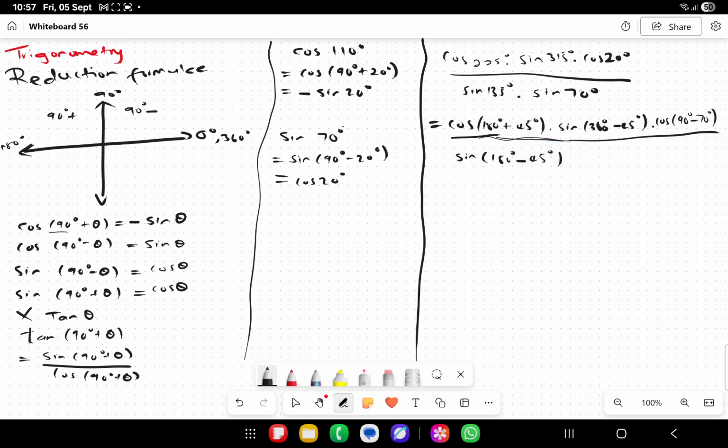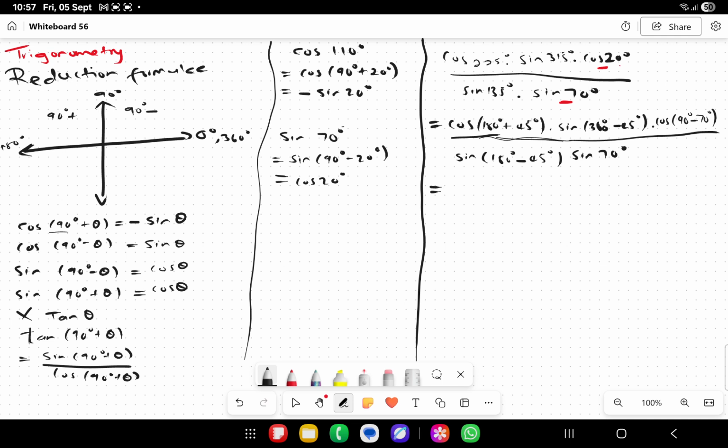Then sine 70. With these two that add up to 90, which are co-ratios, you only change one of them to look like the other one. Once the one looks like the other one, you don't change the other one so that they are able to cancel. So I'm going to leave this as sine 70 degrees.